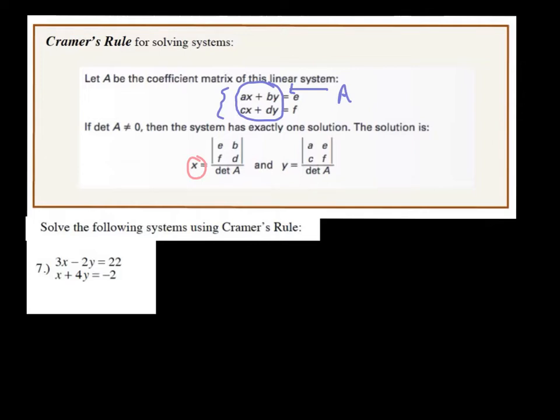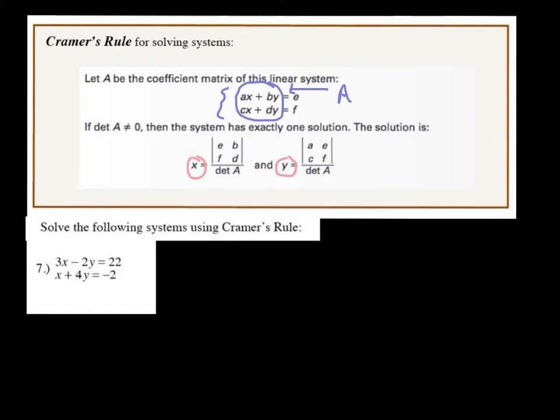Vice versa, when you're solving for y, you keep the x coefficients and you replace the coefficients attached to y with e and f. So you need to find the determinant of your matrix A, which is that left side of your equation, and then solve for x and solve for y using that determinant.